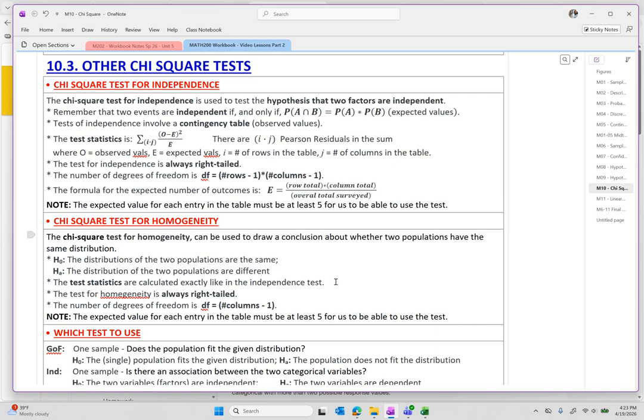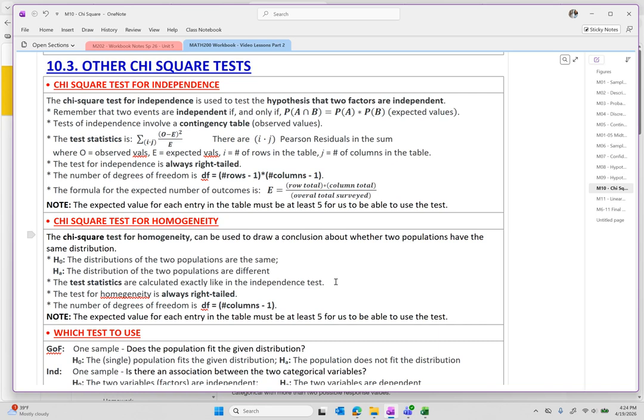I is the number of rows in your table, and J is the number of columns in the table. For this reason, you will have I times J groups or categories that you will be looking at. O again is the observed value, E is the expected value, and there will be I times J Pearson residuals in this sum. The test for independence will always be right-tailed.